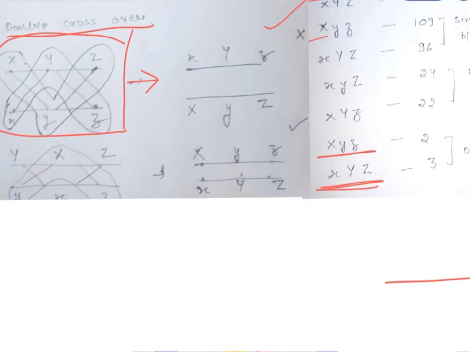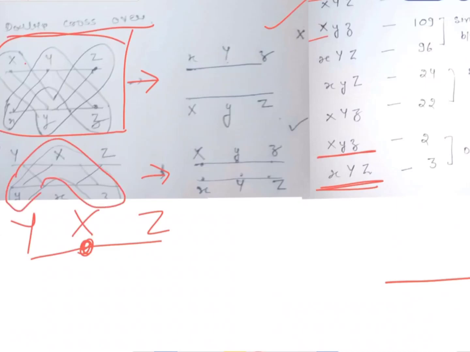Now let's consider the X gene in the center, with Y and Z: capital Y, small y, capital X, and small z, right? So this sequence is correct, and that's why we clarify that the gene order given in the question is not exact.